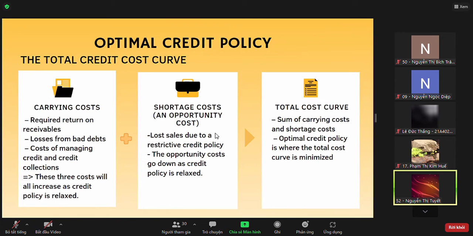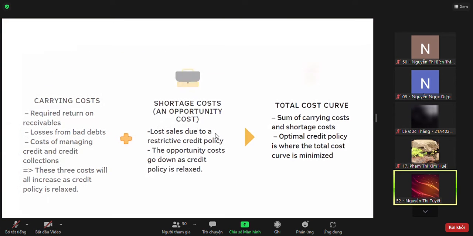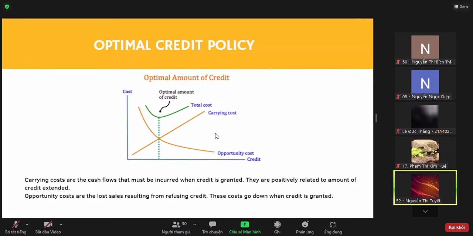Next slide. As you can see in this slide, we have drawn a point where the total credit cost is minimized.